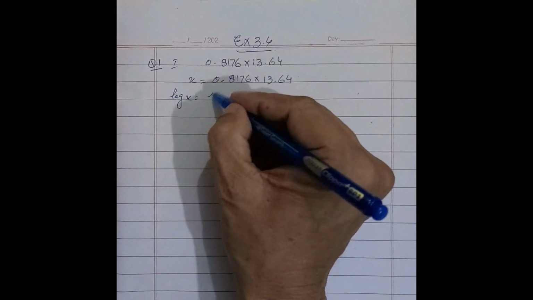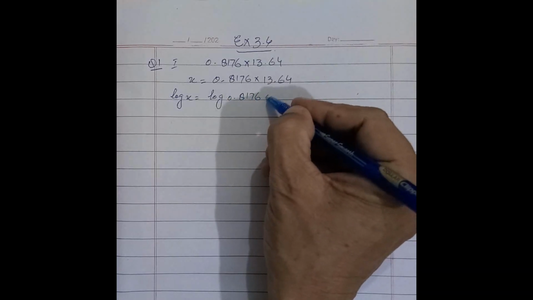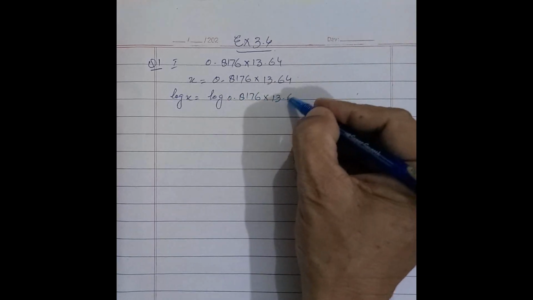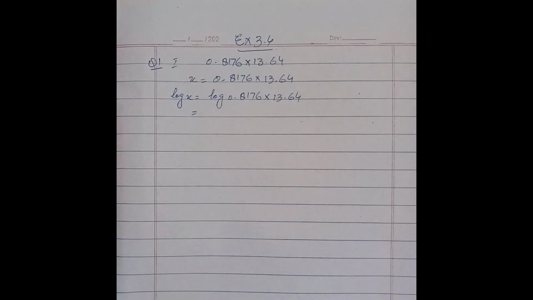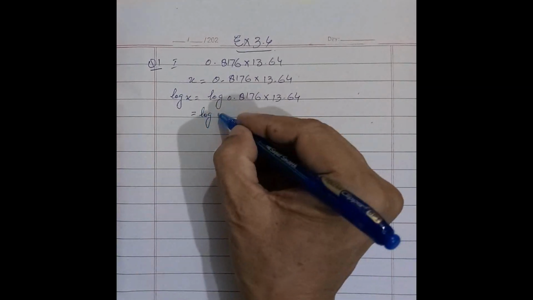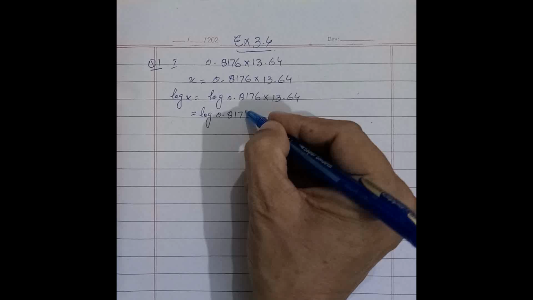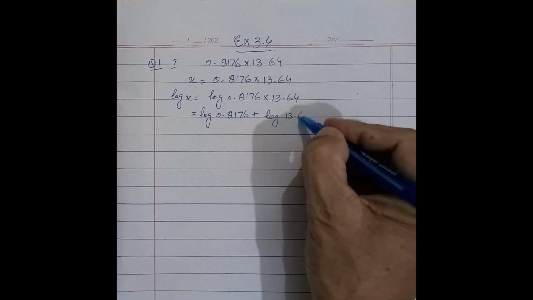Log x is equal to log of 0.8176 multiplied by 13.64. Now we apply the law of logarithm, which is log 0.8176 plus log 13.64.